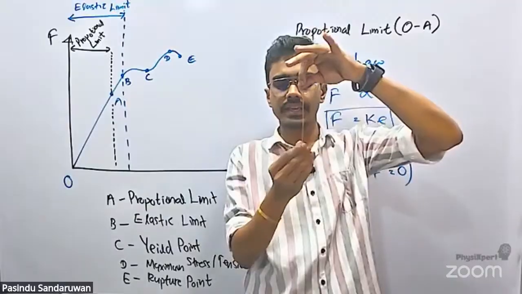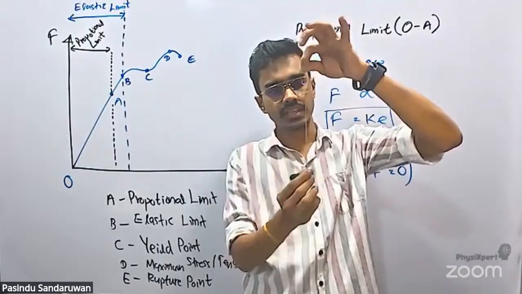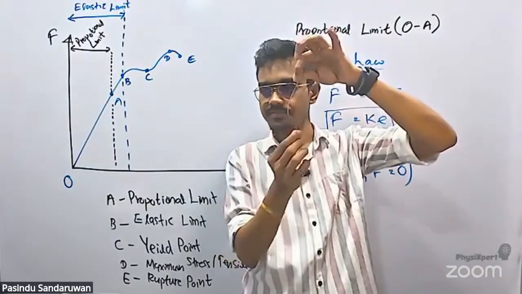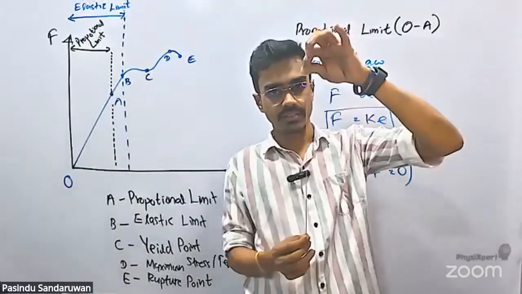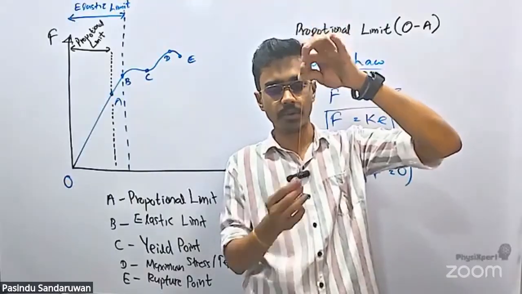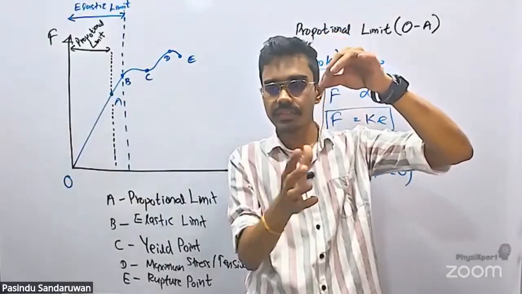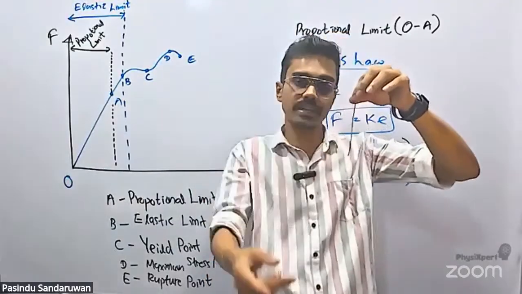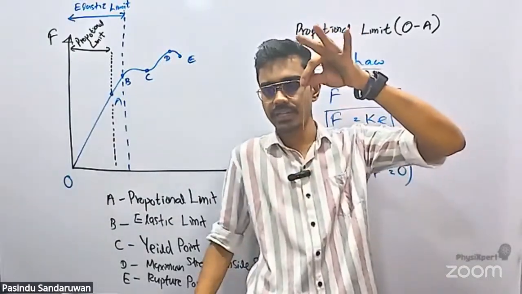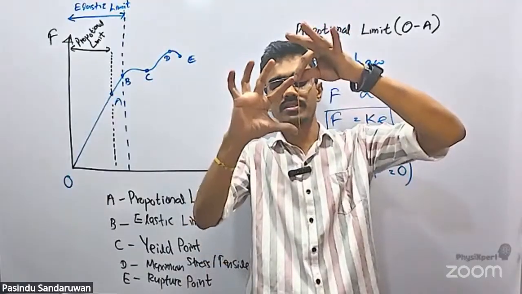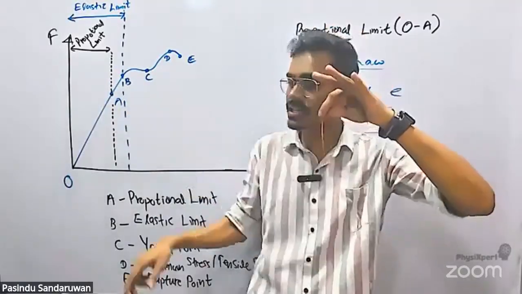But if I keep increasing the force, after some point, it retains some extension even if the force is removed. You can also try this out at home. See, now this is extended a little bit. I don't know if it's visible on the camera. Initially it was something like this, but now it has extended by a bit because I applied a force beyond the elastic limit. That is what happened.